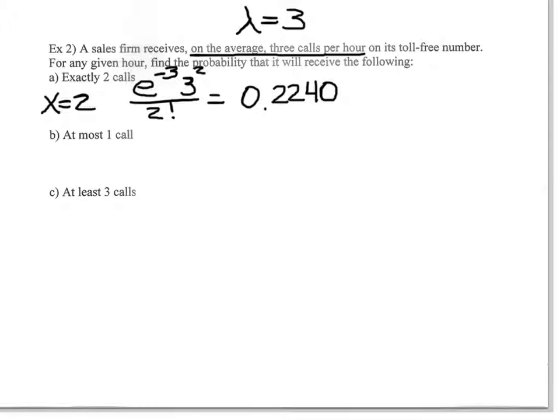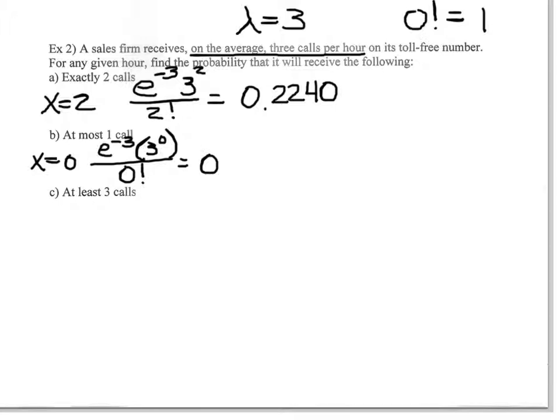What about at most 1 phone call? Well, at most 1 phone call, x could be 0. So we plug in 0, see what happens. And this one's a little bit different because we end up with 0 factorial in the denominator. Remember that 0 factorial does not have a value of 0. It actually, by definition, has a value of 1.